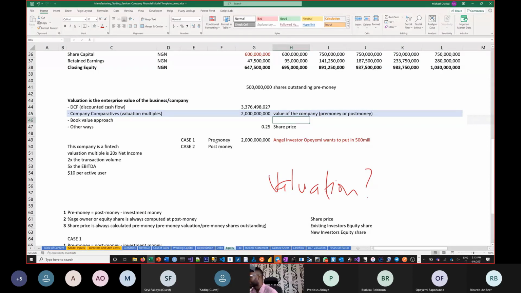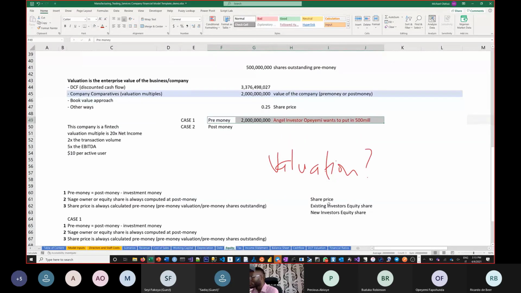So that's where we are starting. Let's even start with valuing it at 2 billion naira pre-money. So how then do we calculate what goes to who? What that means is this: before investment, after investment.